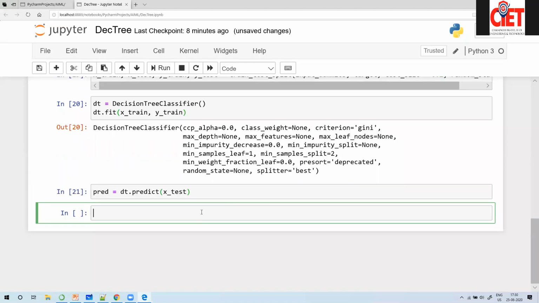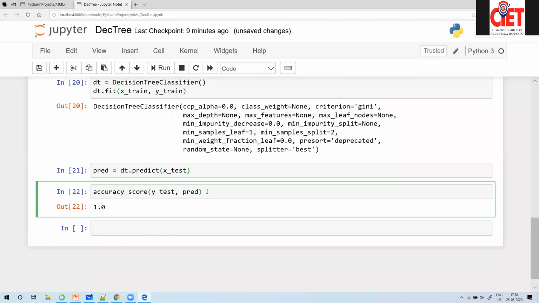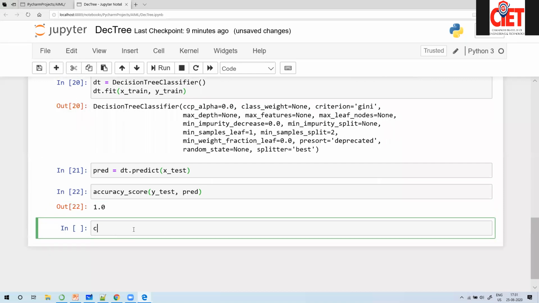Our predictions are also ready. accuracy_score, original is y_test, prediction is this. Wow. Accuracy score is 1. Surprised. It gave perfect predictions. Let's look at the confusion matrix. If it is true, that's too good to believe.